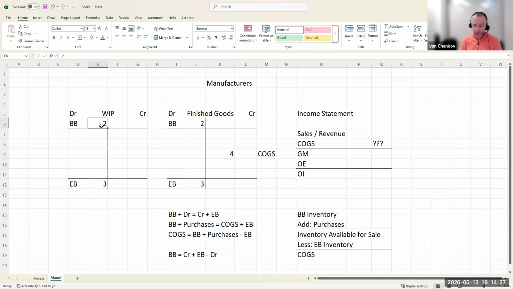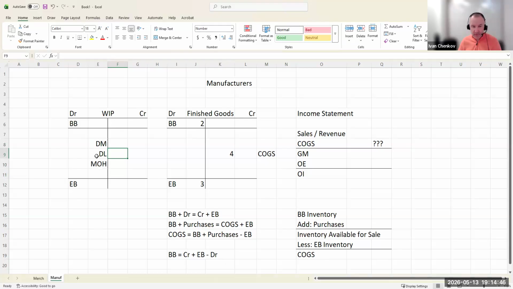When are they gonna become a product? When I get direct material, direct labor, and manufacturing overhead. Once I have those three, now I can say, okay, I have finished goods.